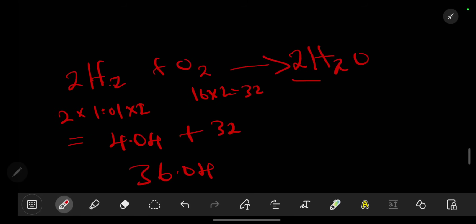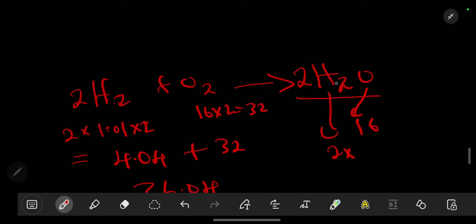The same applies with the products. So this is the reactant. Then for the products, we have oxygen at 16, and 2 times hydrogen, since there are 2 of them.